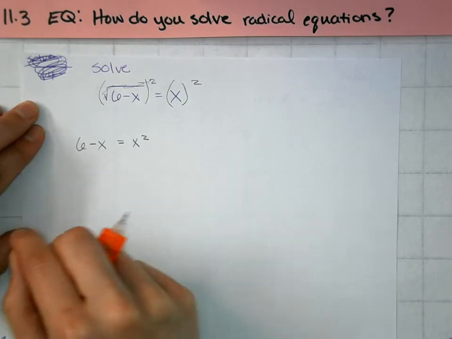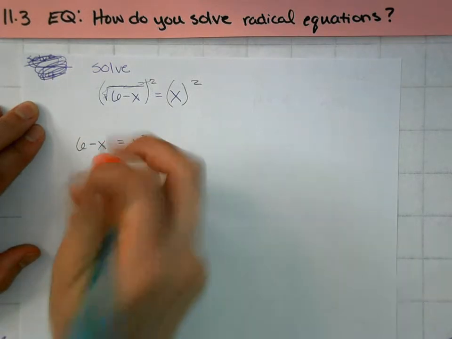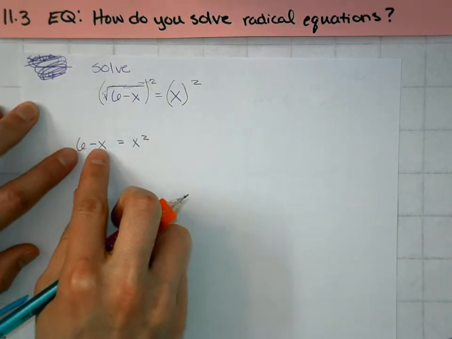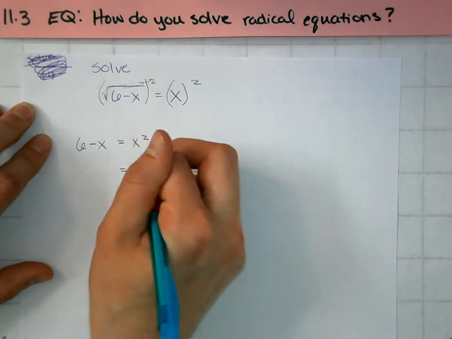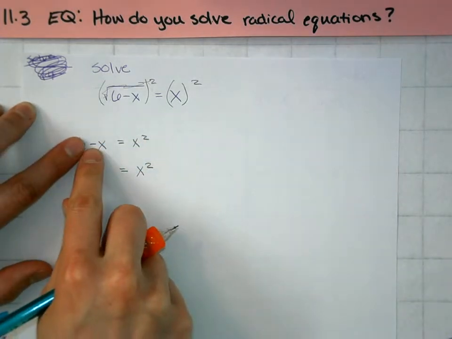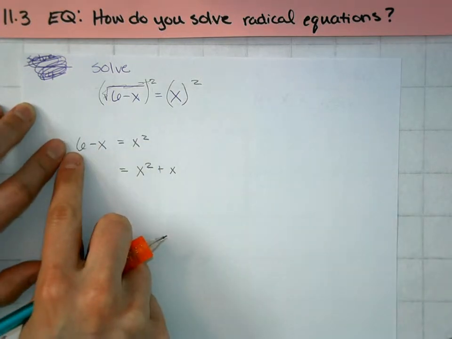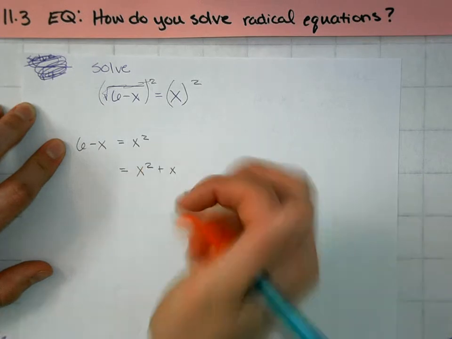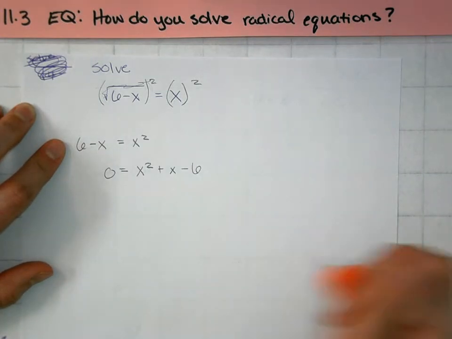And to solve quadratics, we need to get everything to one side of the equation. So I'm going to move both of these values to this side of the equation. And I would move my x value by adding it to both sides, so it's going to be positive. And I would move that positive 6 by subtracting it. And I would have nothing left on the left.